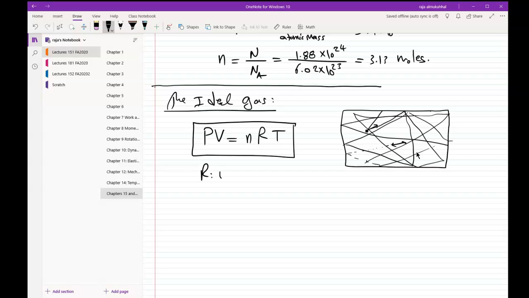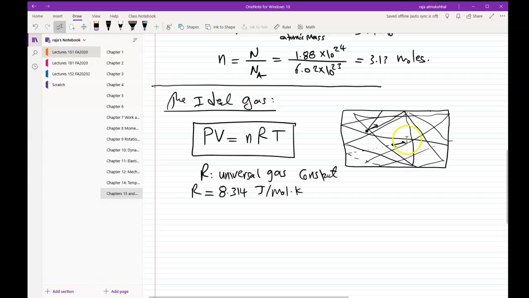It's called the universal gas constant, and it is equal to 8.314. I forgot what the unit is. Let me look it up. It is joule per mole Kelvin. Okay, that's called the universal gas constant. And of course T here is the temperature.